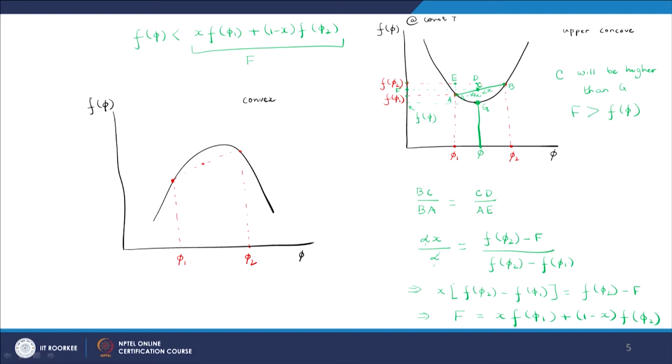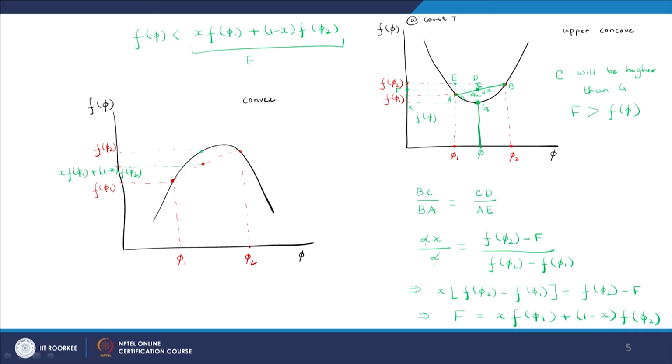Now, if I think of any value in between, so this is my f of phi 1, this is my f of phi 2, and then this value becomes my x multiplied by f of phi 1 plus 1 minus x multiplied by f of phi 2, that is my capital F now.